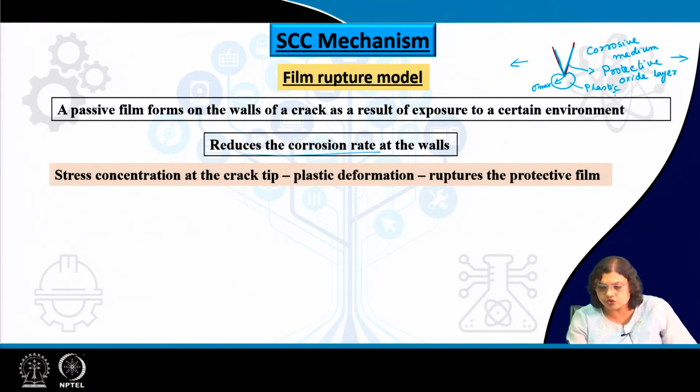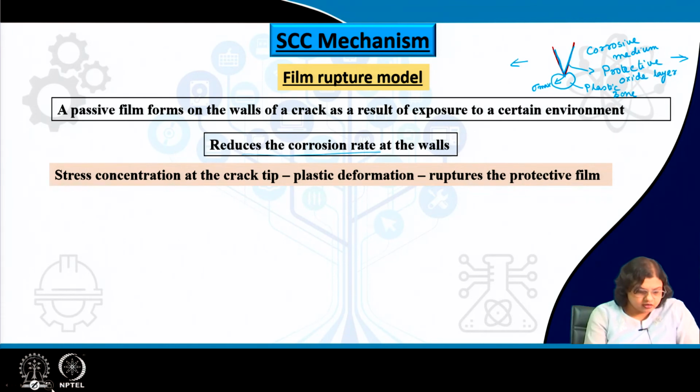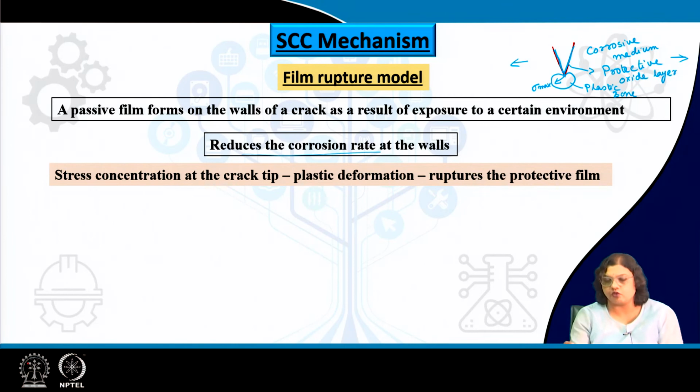Now, the plastic zone is a permanent deformation. So, once the plastic zone forms, it means that the passive layer formed, particularly at the tip, is getting ruptured. That means the nascent crack surface is again coming in direct contact with the corrosive medium.